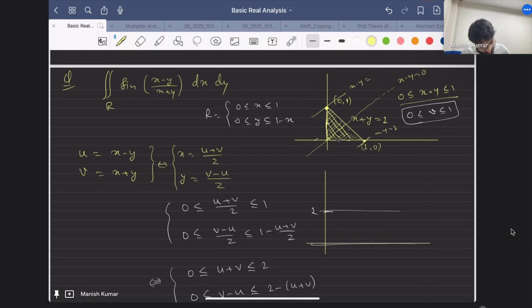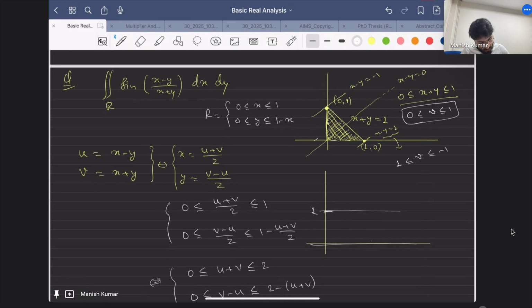If I put y equals 1, x equals 0. So now this is the other thing that I can think of. So this tells me that u will vary from, I have to take order into consideration, this will tell me v is varying from 1 to minus 1. Sorry, so this is wrong.